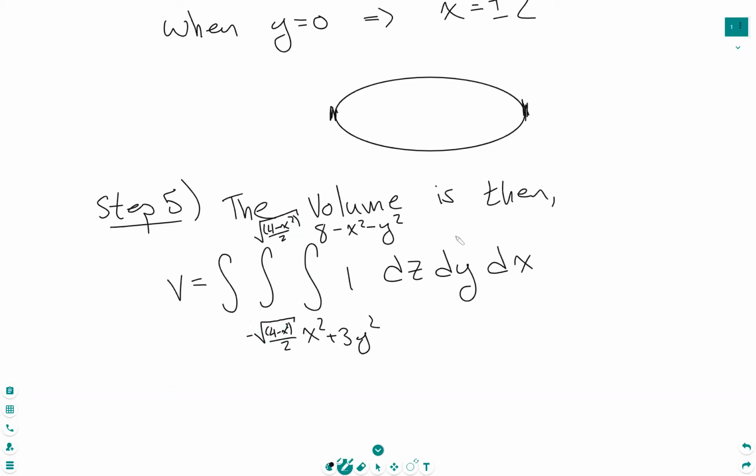And then finally, our x bounds were the range of these vertical traces that we were doing, which is -2 to +2. And that's the setup for the volume of this object.